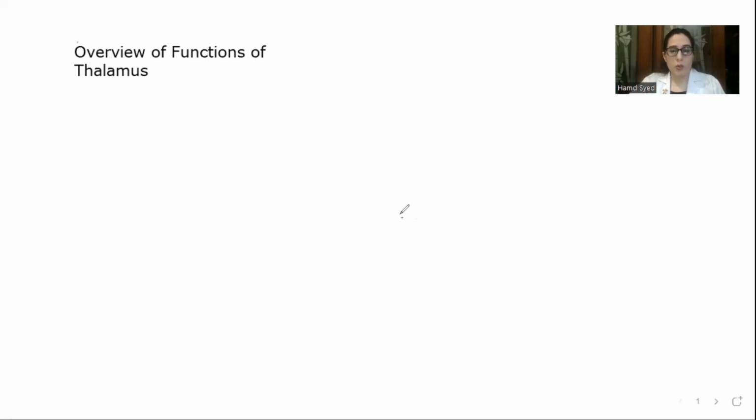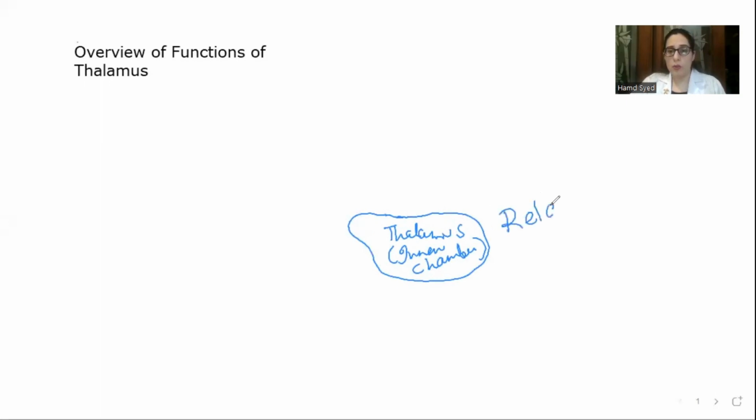So like I told you, this is an egg-shaped mass of gray matter with a narrow anterior end and a broader posterior end. So the thalamus word literally means inner chamber. It's called the inner chamber because it is going to receive the information from the different parts of the body, and this information is going to be processed within the thalamus. So that is why it is also known as a relay station. So remember, the thalamus is a relay station.